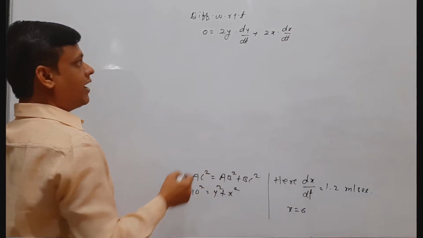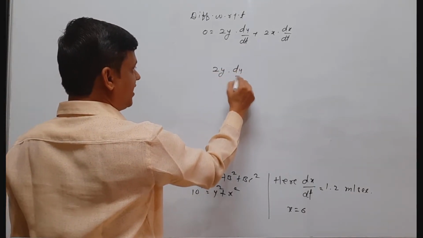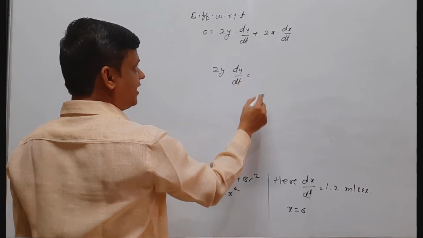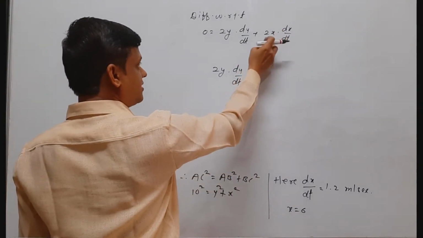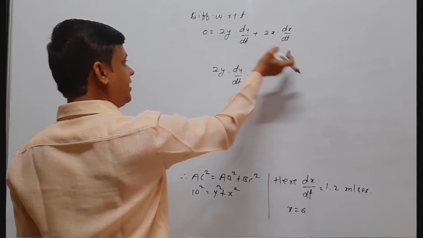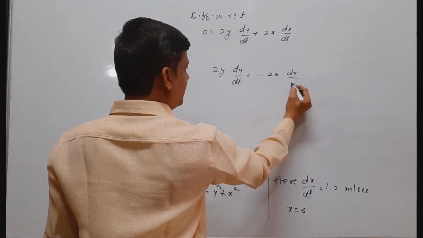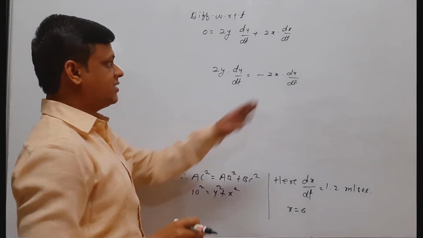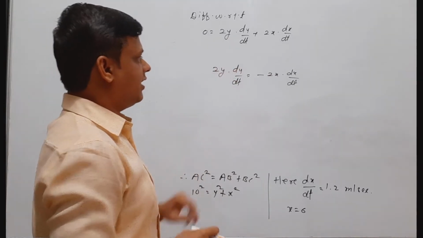We require dy by dt, so keep 2y into dy by dt on one side and 2x dx by dt on the other side. So we have to transfer this 2x into dx by dt to the left hand side. So we get minus 2x into dx by dt. So in place of writing this on the left hand side, we write it on the right hand side, and this we write on the left hand side.